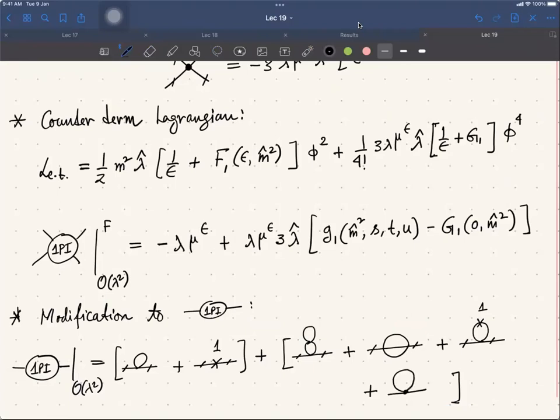This is also at order lambda square. So these are the new diagrams, and there is no reason to expect that here the cancellation is complete.